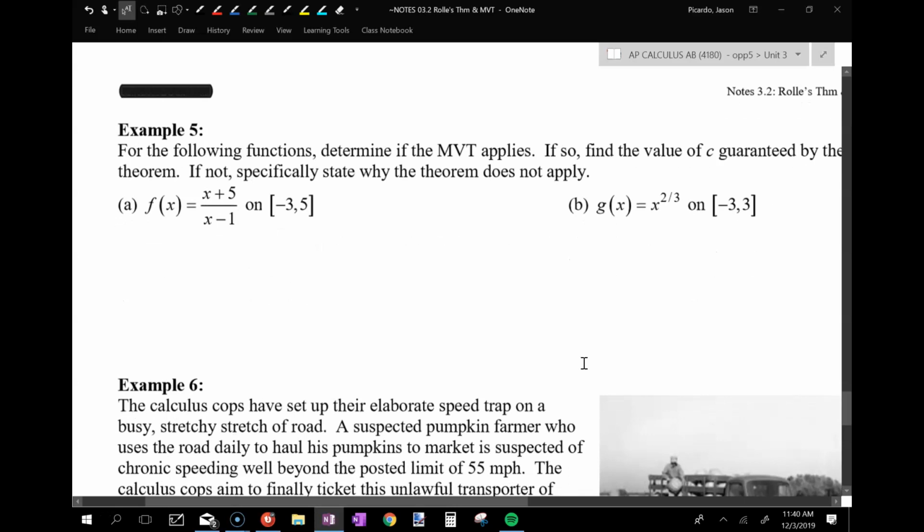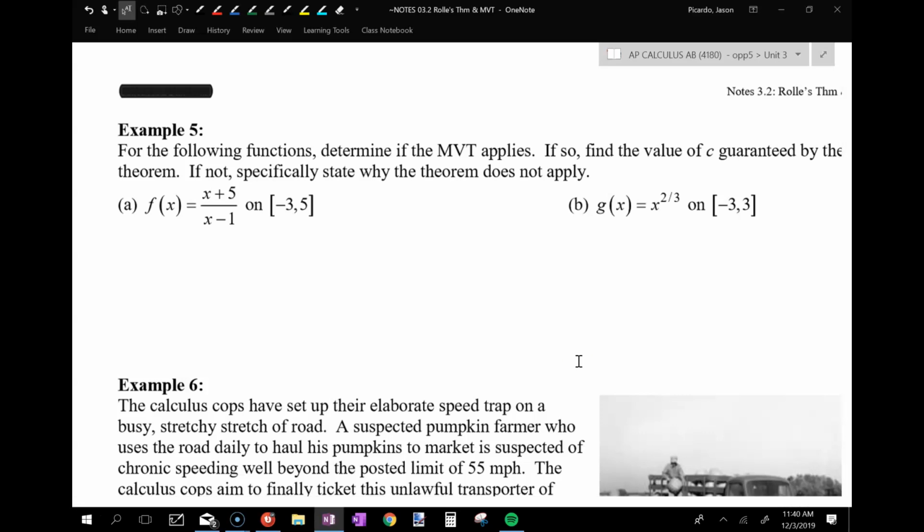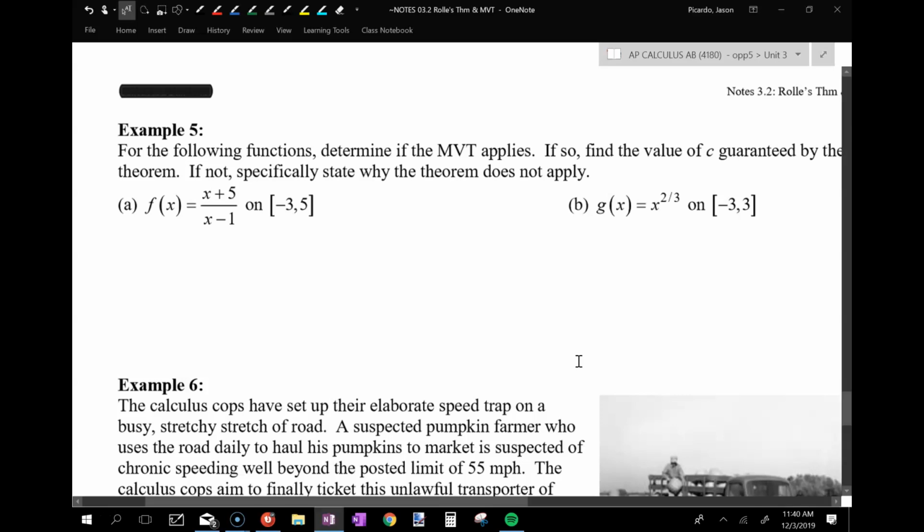What do you think is going to happen here in example 5? Probably going to have a case where the mean value theorem doesn't apply, right? Because clearly if we're talking about cases where it does, then there's got to be somewhere it doesn't. And here's what we know. Guys, talk to me about this function. Is it a continuous function? Yes or no? No, right?